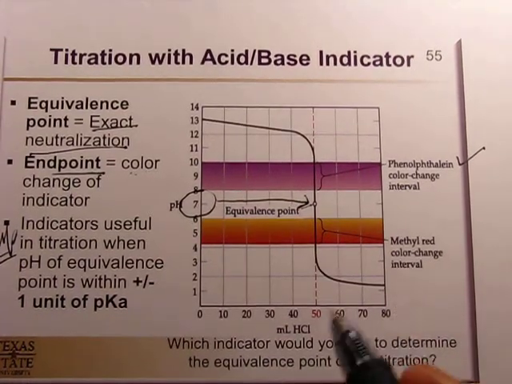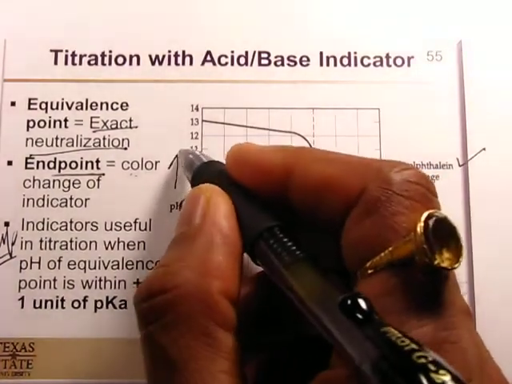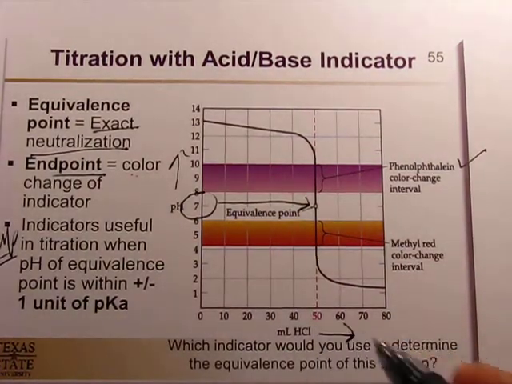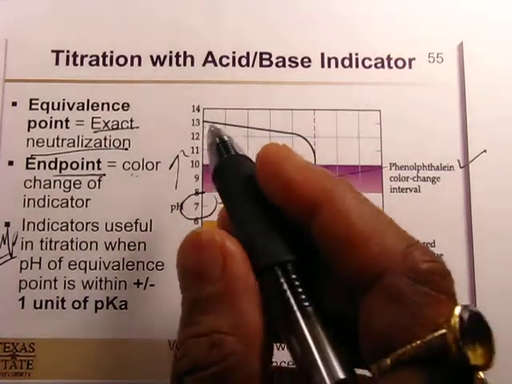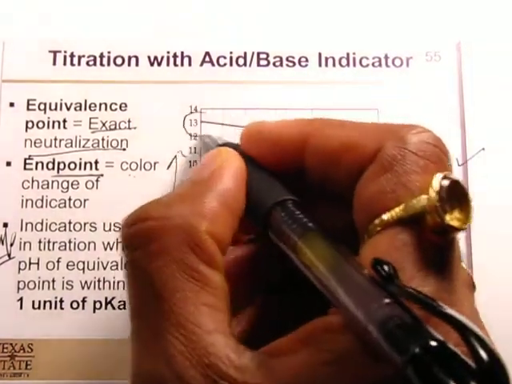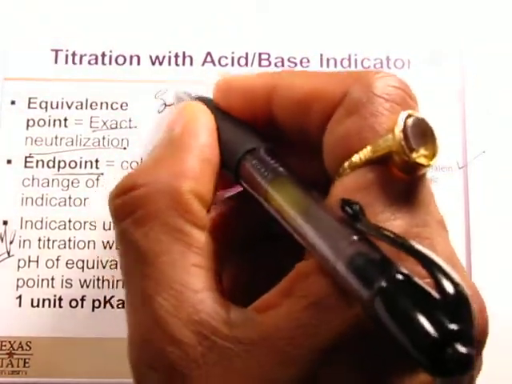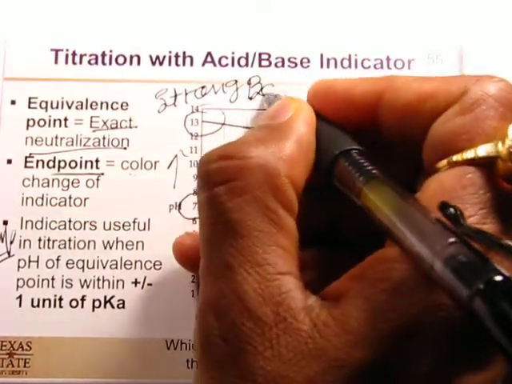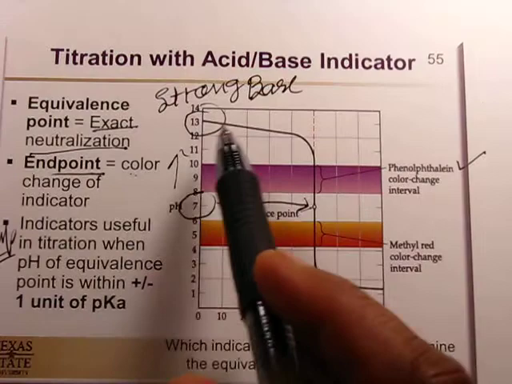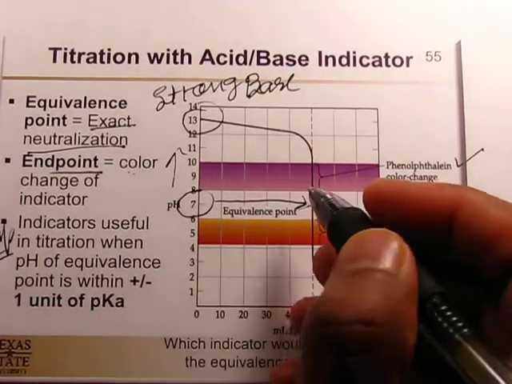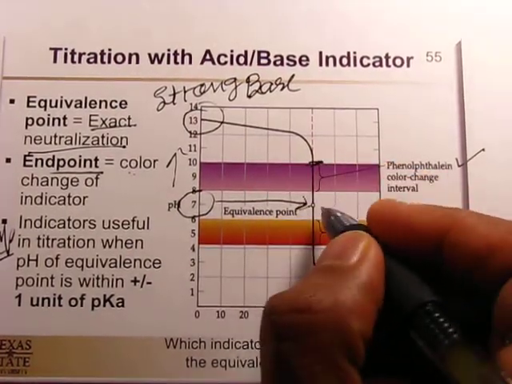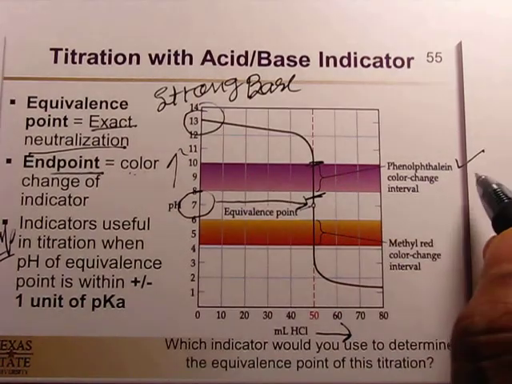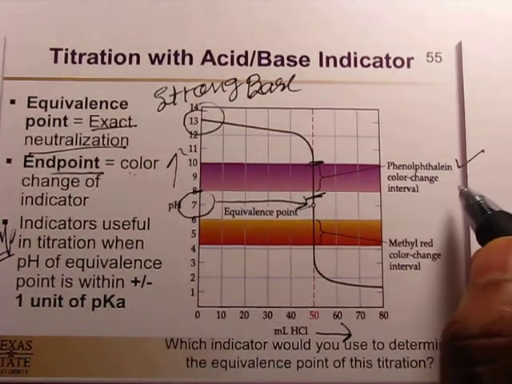And if you see this graph, pH is increasing from bottom to up, and volume of HCl is increasing. So basically this says that we are here in the strong base. We started from the strong base, and as we go from pH 10 to pH 8, in this region phenolphthalein changes color, this is its color change interval.